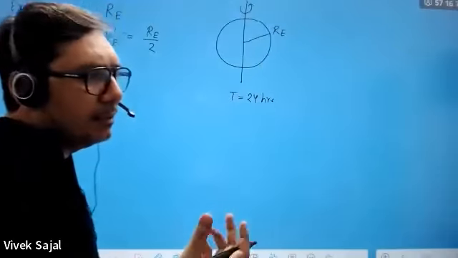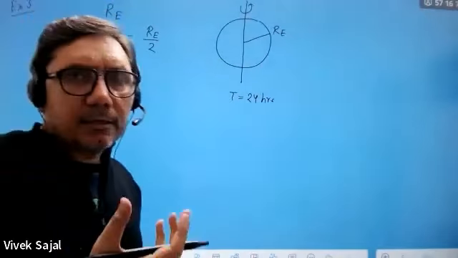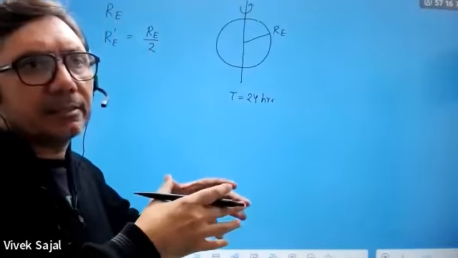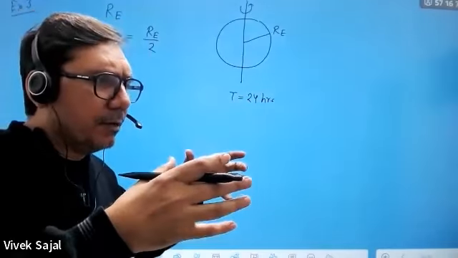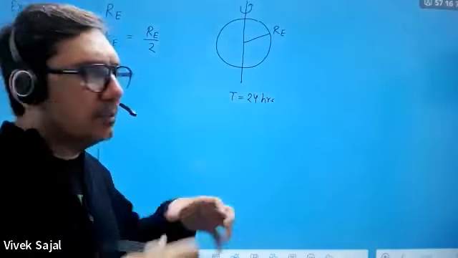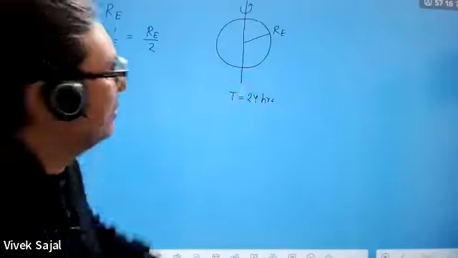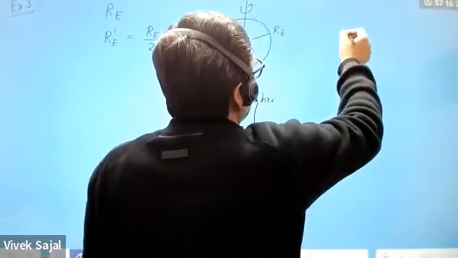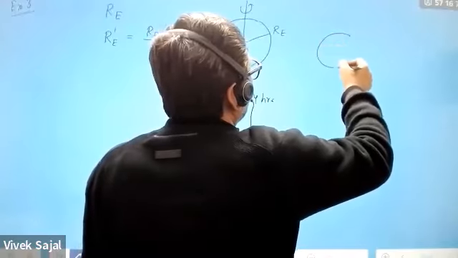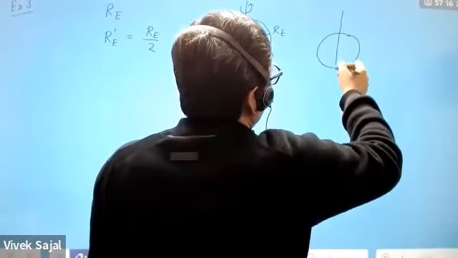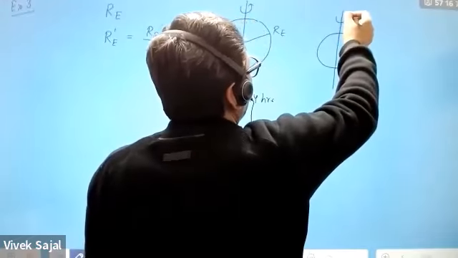Now some internal process takes place, and it shrinks. Some type of attractive force comes into the picture. No external force is there, and it contracts in such a way that its radius becomes half.